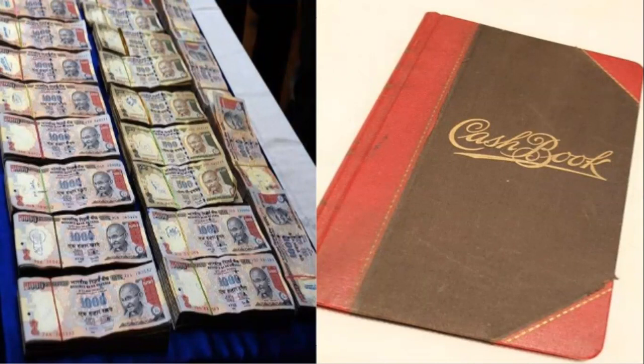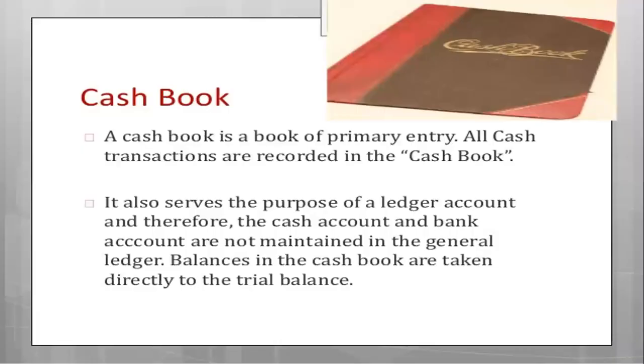That means the recording of cash inflows and cash outflows is taken into consideration only in cash book. A cash book is a book of primary entry. All cash transactions are recorded in the cash book. It also serves the purpose of a ledger account, and therefore the cash account and bank account are not maintained separately. They are considered as cash book with double column.